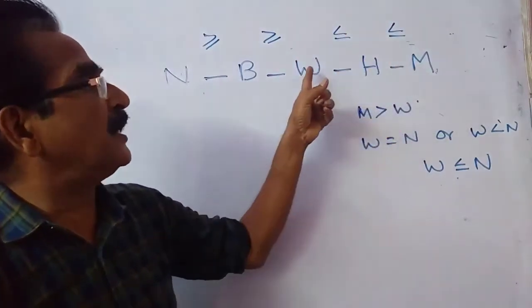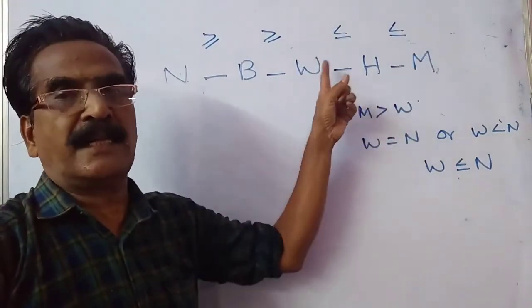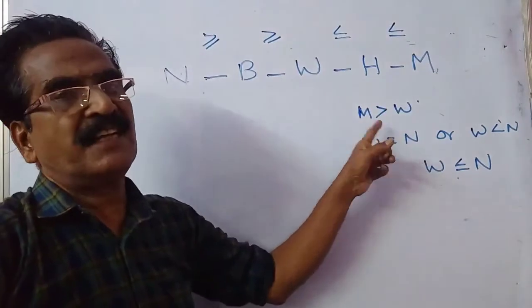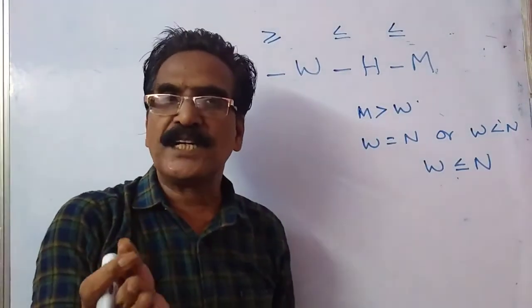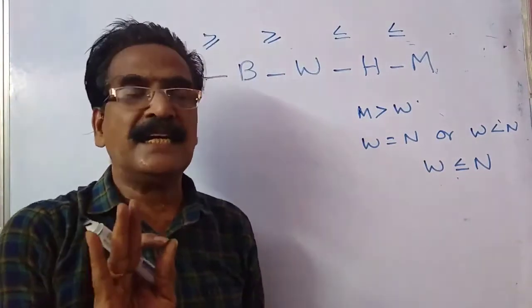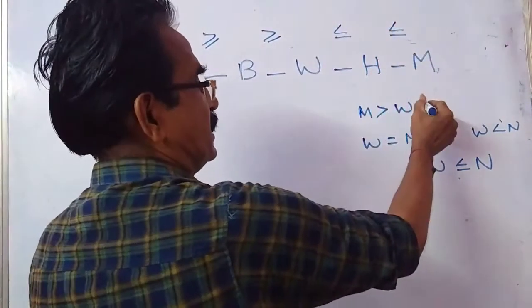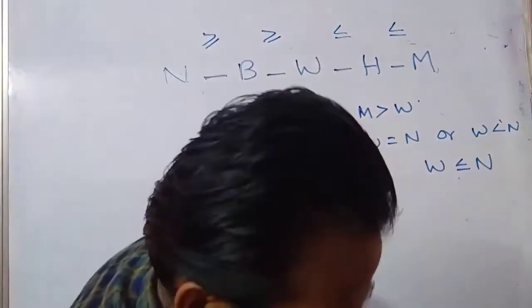M greater than or equal to W. What is given? M greater than W. So you cannot derive M greater than W. So with these symbols, this option is incorrect.